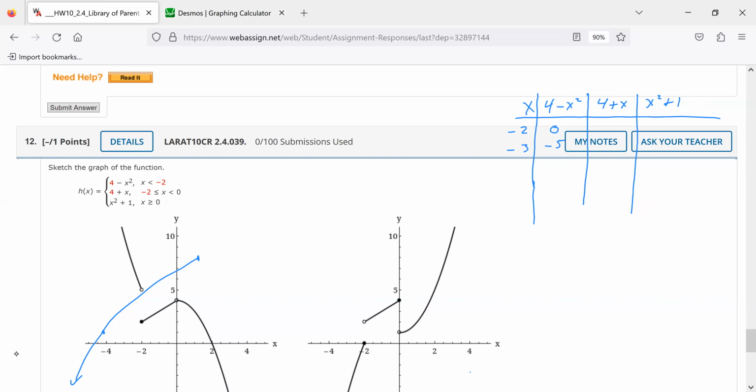Now the next one, -2 and 0, we need to find out. So in between those 2 points, it is doing stuff. It's a line, I guess. -2 to 0, it's a line. So we got to plug in -2 into this guy. So -4 plus -2 is 2.